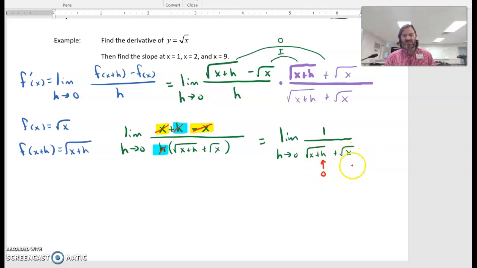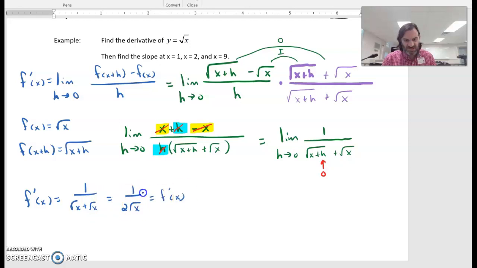It doesn't make the denominator 0. So when we do that, we get that the derivative, f prime of x, will be 1 on top, and there'll be square root of x plus square root of x on the bottom. So that'll be 1 over 2 square roots of x. And that's our derivative function.